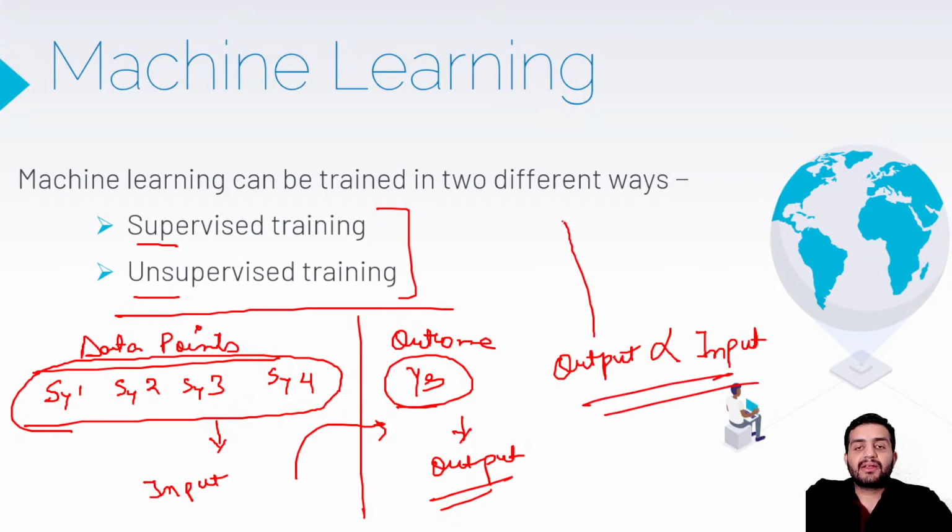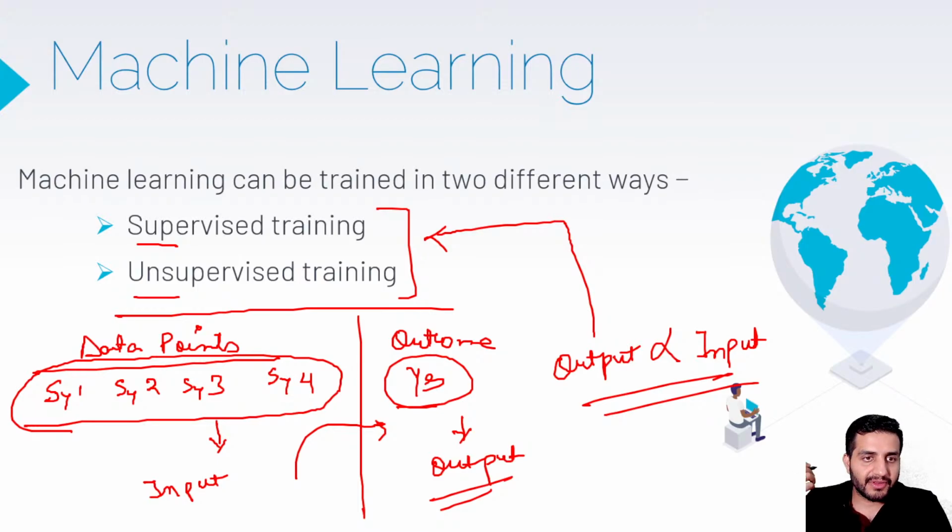And that is where the supervised method comes into the picture. The moment I have an outcome with me in the learning process, from past experiences, we are saying symptom 1, 2, 3, 4 is related to the person having cancer. Or whatever the case. I know what my stock price is for this time, right?